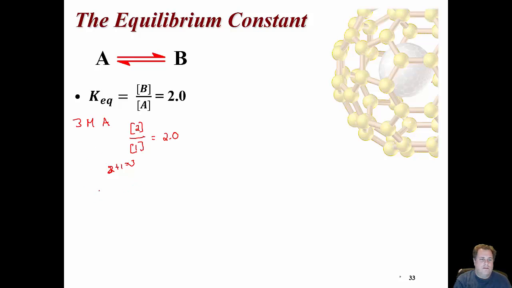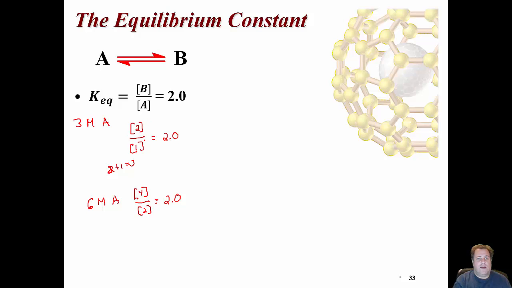Okay, so what would this look like if we had a different amount of A? Well, if we had 6 molar A, right? Again, we know this is going to have to be 4 molar for B and 2 molar for A. Once again, it comes out to 2.0. So we see it doesn't really matter what we start with.